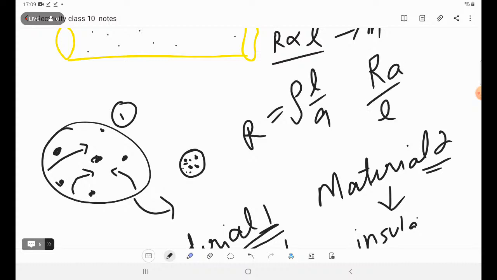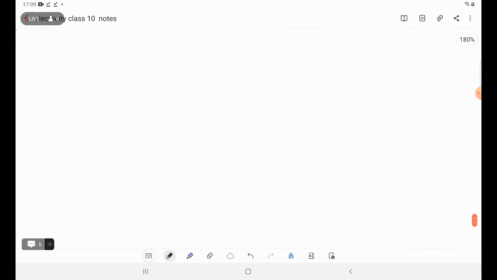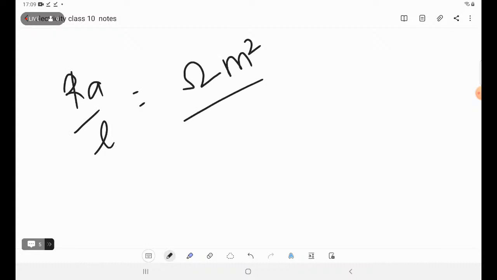So R A by L is equal to rho. To find rho's SI unit, R was ohm. A means meter square, as I told. L is meter. So this meter and meter will get cancelled.